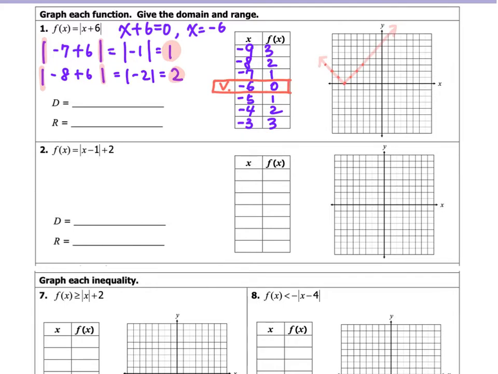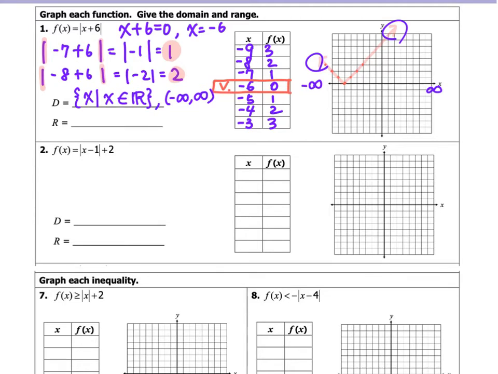All right, so there is a graph. Now find the domain. Since each side will extend from negative infinity to positive infinity, the domain should be x such that x is all real numbers. You can write it in different notation. We can put negative infinity to positive infinity in interval notation.